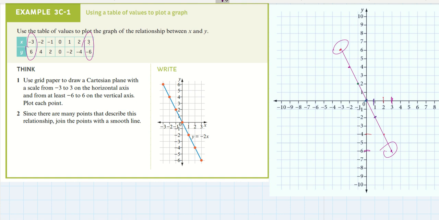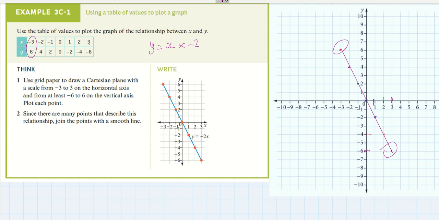So we can also note the relationship between the x and the y variable. Now, if I said y equals x, what's happening to the x variable to get to the y variable? So I know that 3 times 2 is 6, but in this case it's got to be multiplied by -2, hasn't it?